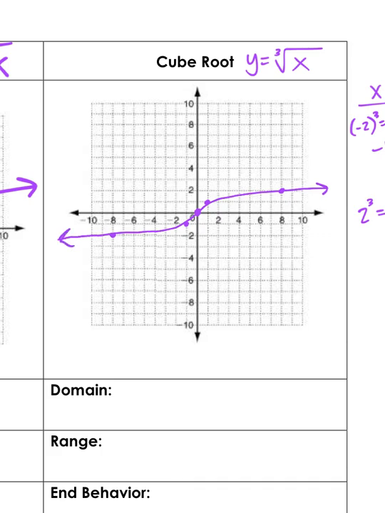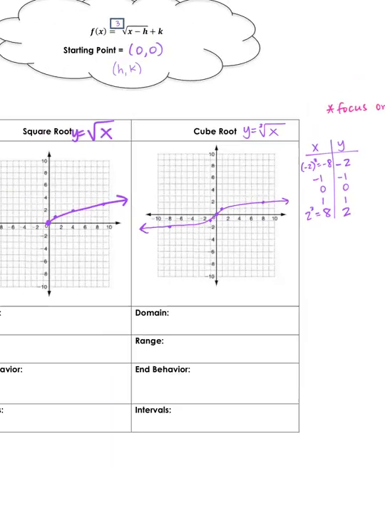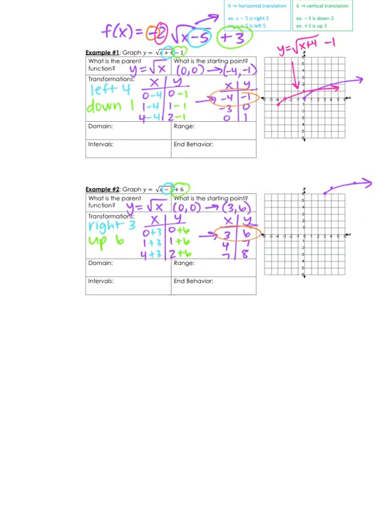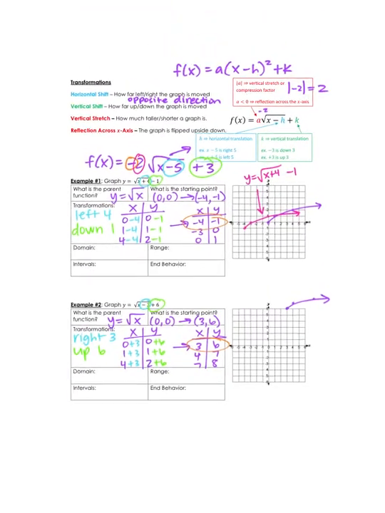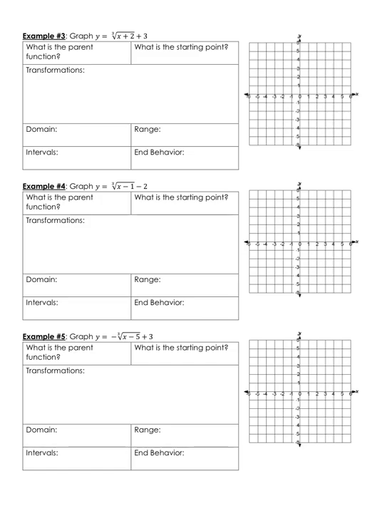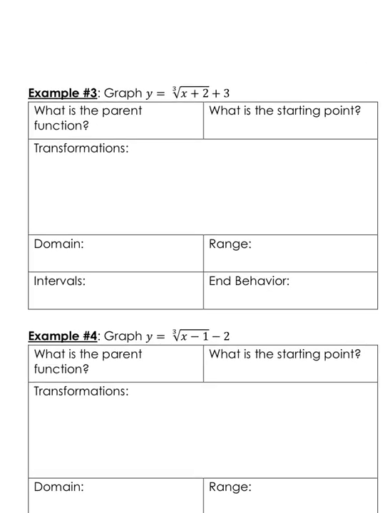So that's going to be our parent graph. Once again, we're going to save the characteristics for the next lesson. Okay. So I believe these were all square roots. They were. So let's look at some cube roots.